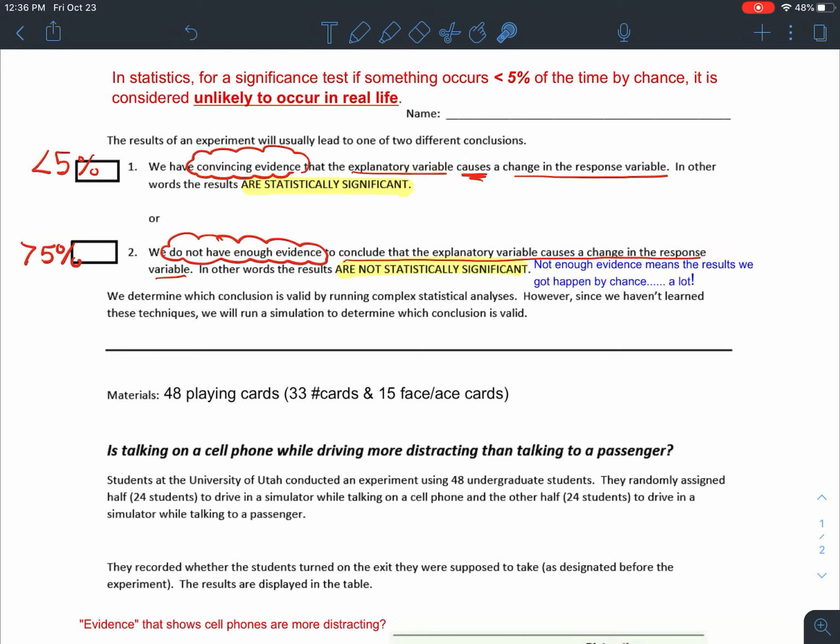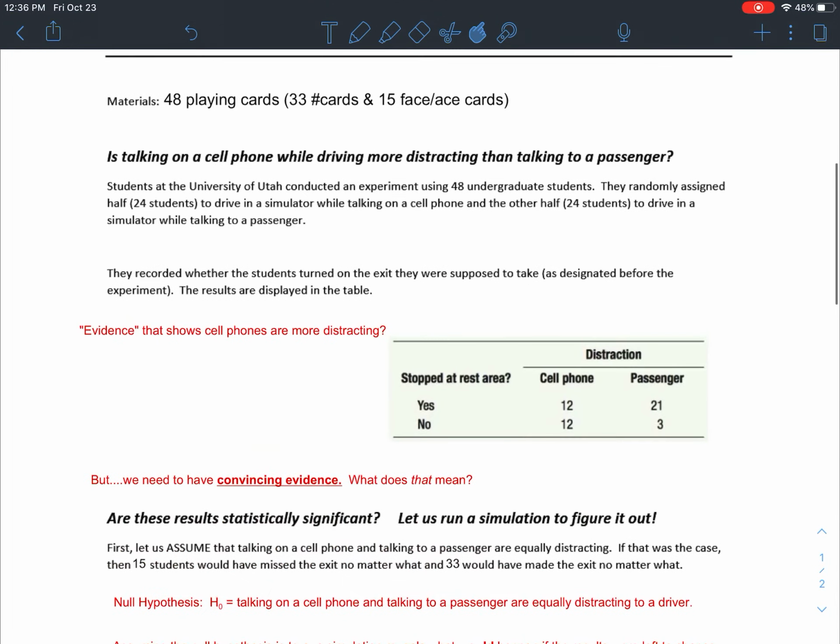So it's chance that's causing it to happen, not the explanatory variable. Typically, and we'll do this in the second semester, we'd run different statistical analyses, but since we haven't learned that, we're going to be running a simulation.